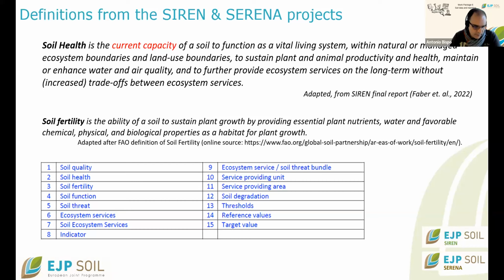So, for example, we define soil health as the current capacity of a soil to function as a vital living system, with natural or managed ecosystem boundaries and land use boundaries, to sustain plant and animal productivity and health, maintain or enhance water and air quality, and further provide ecosystem services on the long term without increased trade-offs between ecosystem services. So it's a definition that was started and then adapted by SERENA project. It was defined first by the SIREN project.